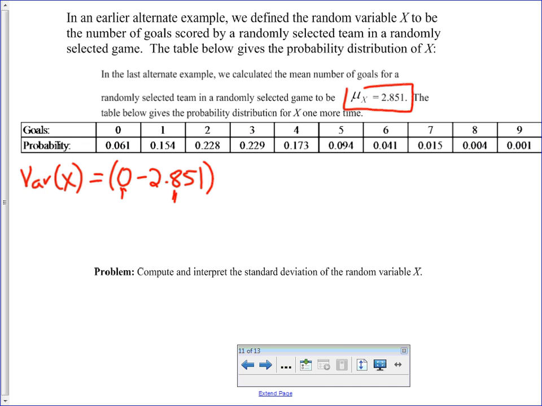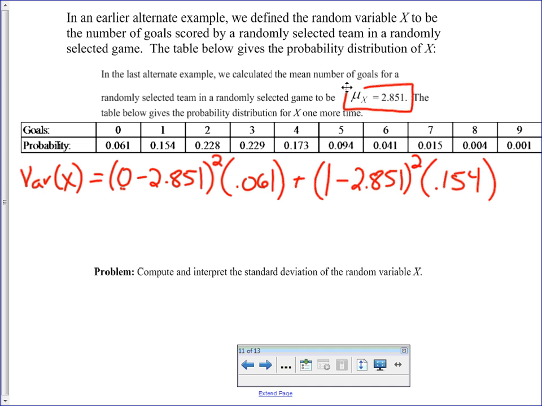And this is the mean, squared times the probability of that occurring, plus the second value minus the mean squared times the probability of the second value occurring.